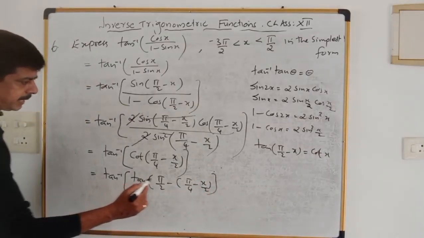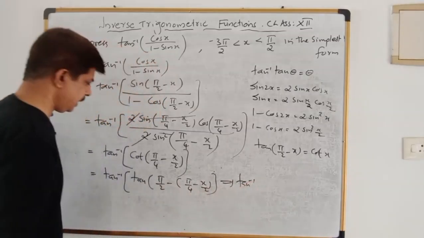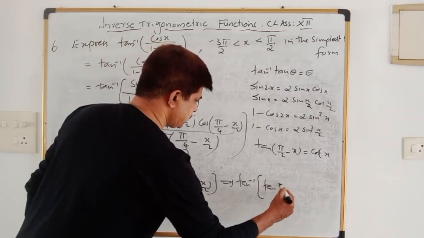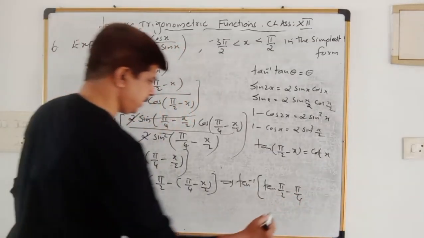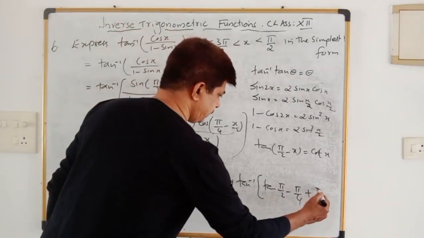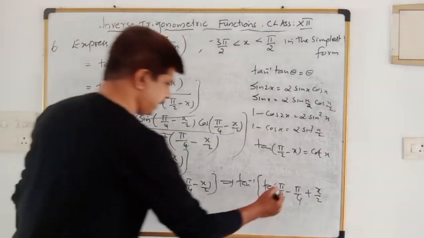So let us open the bracket: tan inverse of tan of pi by 2 minus pi by 4 plus x by 2.